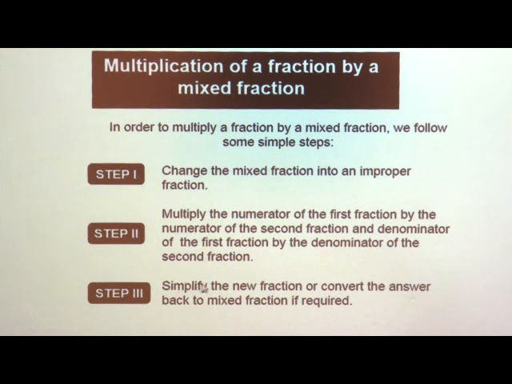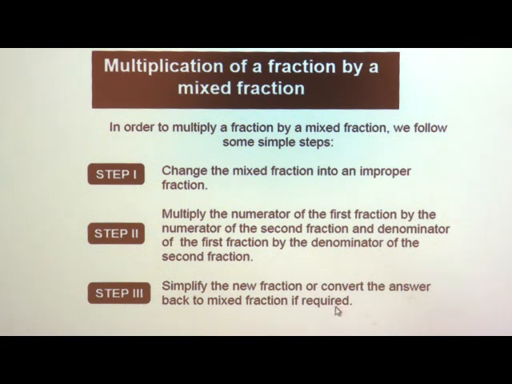Then we have to simplify. Simplify is nothing but we have to convert, if it is possible, into the lowest term, or we can say we have to reduce it to the simple form or simplest form. So, simplify the new fraction or convert the answer back to a mixed fraction if required.